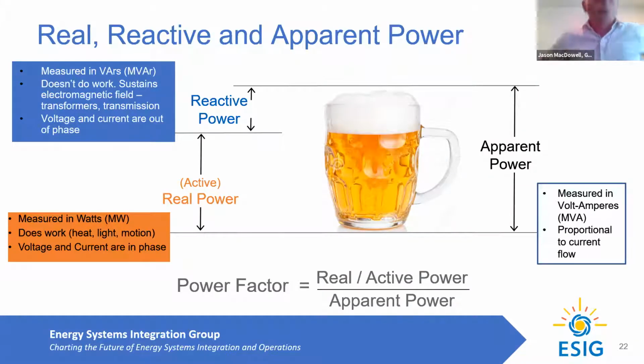Okay, so that was frequency control. I went probably a little bit fast through that, and we can talk a little bit more, and if there's questions and need for clarification a little bit later on. For real and reactive power, let's talk a little bit more about voltage support and stability needs as there's more inverter-based resources coming online.